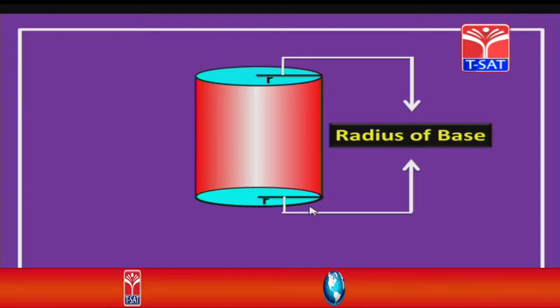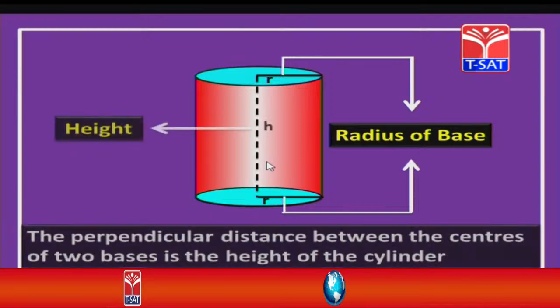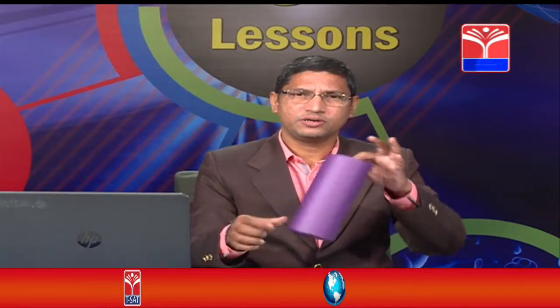Radii is the plural form of radius. Then this is the line joining both the centers and which is perpendicular to both the radii, so we call it the height. So, what is height, children? It is nothing but the perpendicular distance between the centers of the two bases. That is called the height of the cylinder.